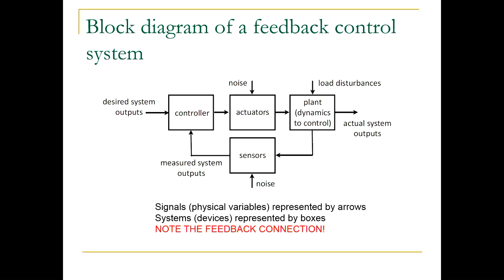So it turns out that using these boxes and arrows, you can represent the room temperature control using a block diagram that looks like this. So you have a controller. This controller takes desired output. What was the desired output in the room temperature example? Desired temperature, right? Then this is the plant, that's your room.